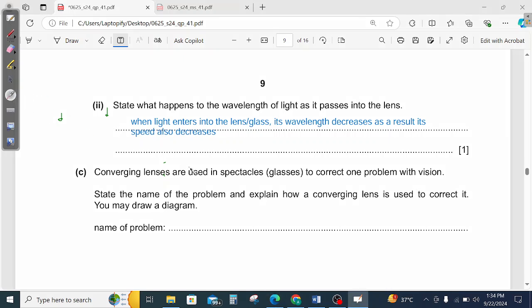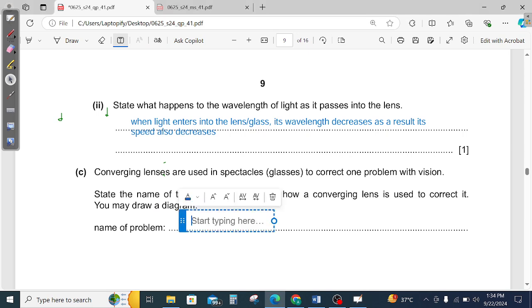Converging lenses are used in spectacle glasses to correct one problem with vision. Okay, this is related to eyesight. State the name of the problem and explain how a converging lens is used to correct it. You may draw a diagram. Name of the problem. Remember, a converging lens is mostly used for long sightedness.